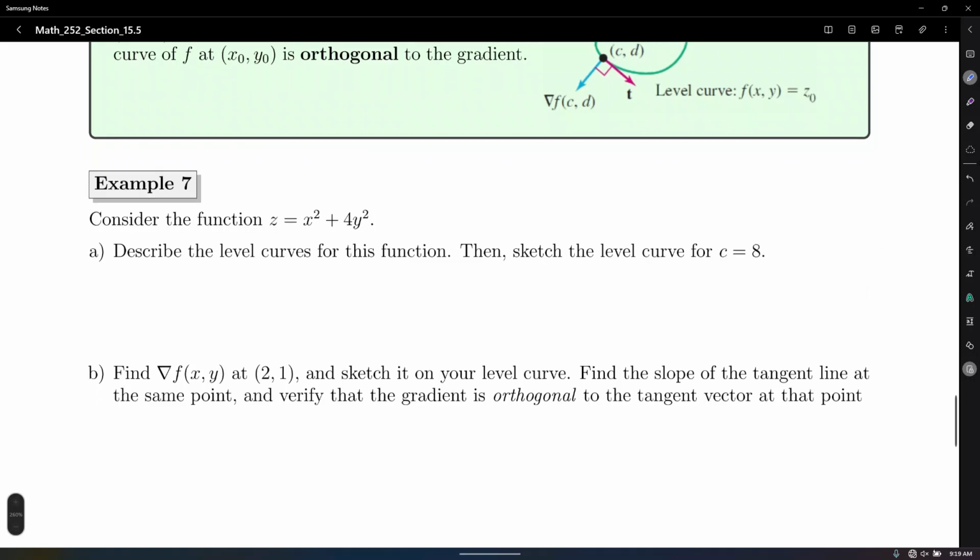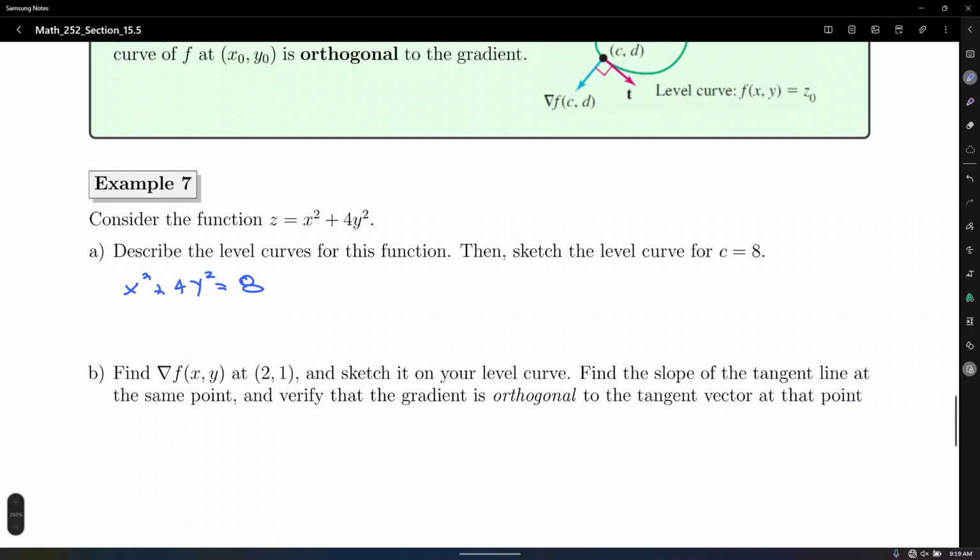Let me replace z with 8, so x squared plus 4y squared equals 8. We're replacing our dependent variable with a number to find out what the height is, or rather what the level curve is.